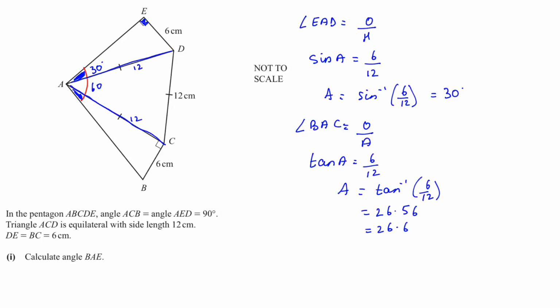So this is 26.6. Therefore, angle BAE is equal to 30 plus 60 plus 26.6, which is 116.6 degrees.